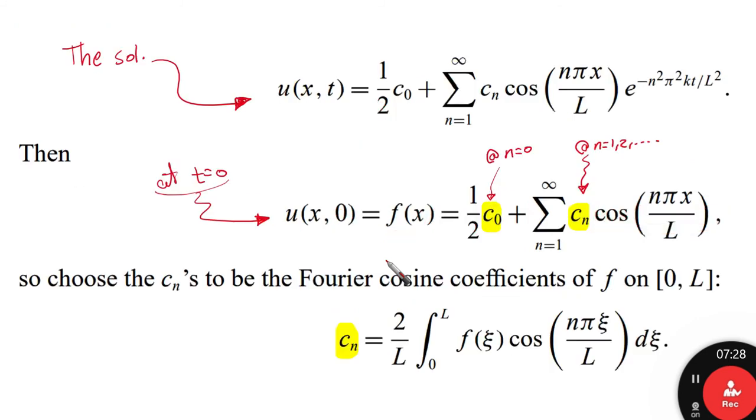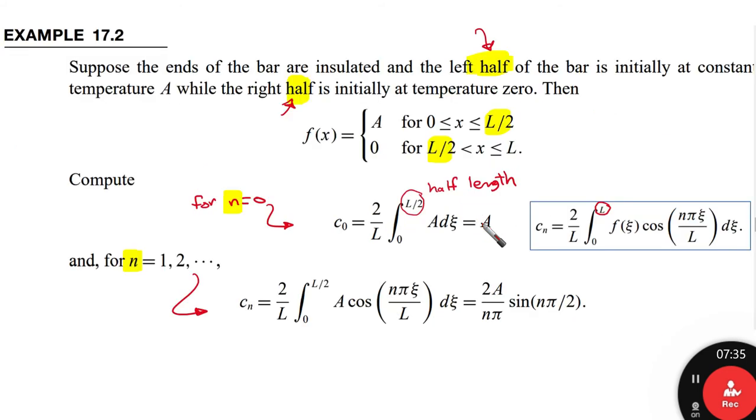So let's go back here. This is the C node that we want to obtain, and if we have n equal to 0, then it is cosine 0, which is going to be 1 at the end. So C node equals 2 over L, integration from 0 to L over 2 of A, so it gives us A.